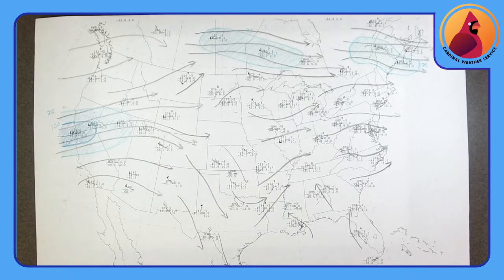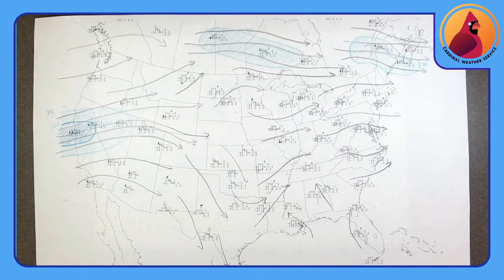There we go. So this is what our 250 millibar map from 12Z this morning, Monday, June 16th, 2025, looked like.